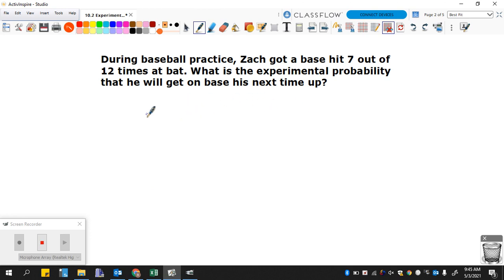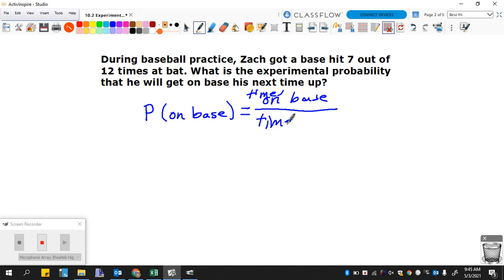Well, remember, the probability of him being on base is the times on base over times at bat, which would just simply be 7 out of 12, right?